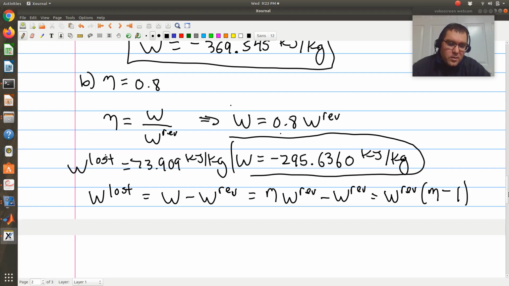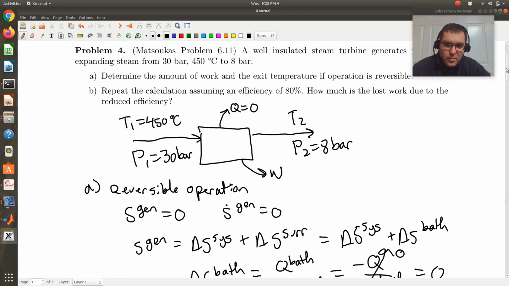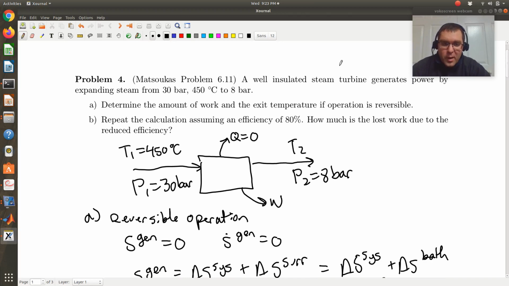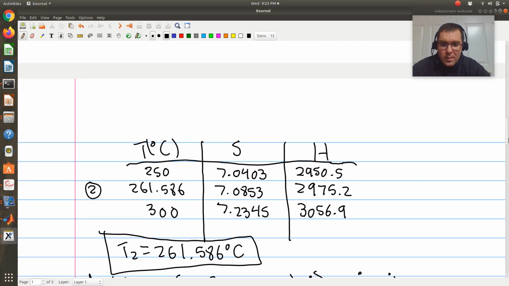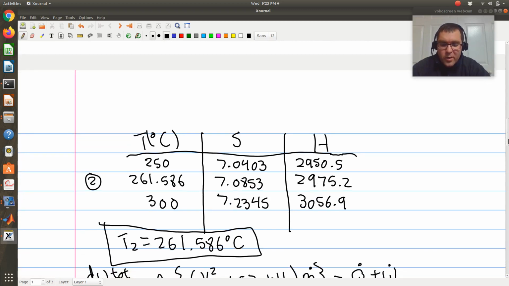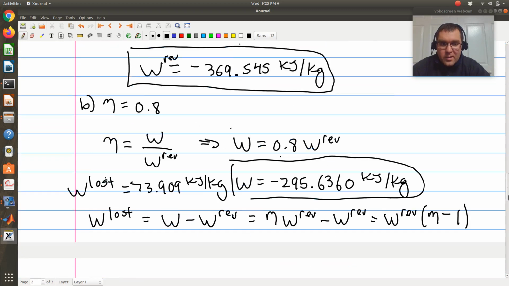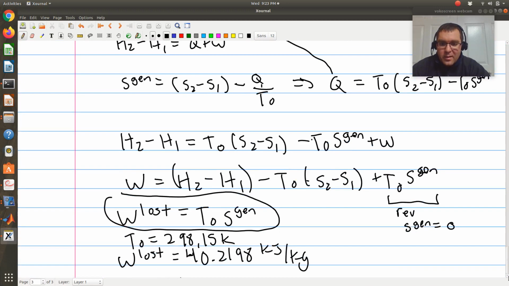At the same time, one potential issue is when I look at my turbine, I have an inlet of 450 degrees C and my exit is 261 degrees C. That's much greater than this T naught, which assumes a bath of 25 degrees C. So we're assuming our bath is 200 degrees cooler, which would definitely affect this, since this is a multiplicative term.